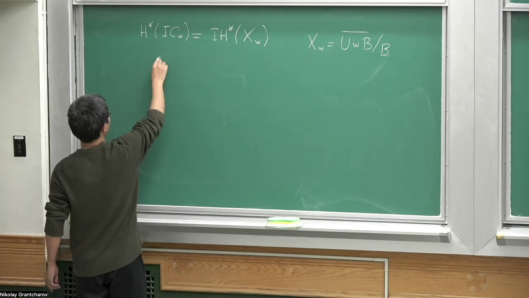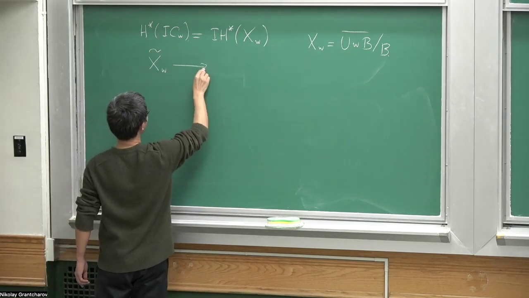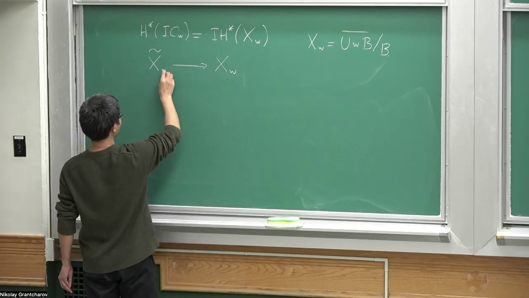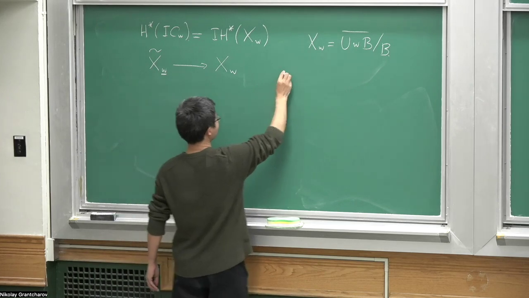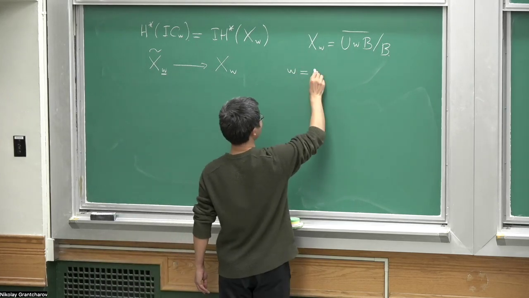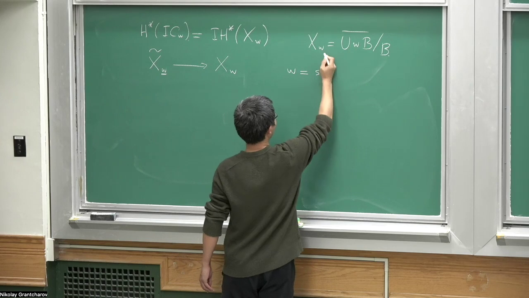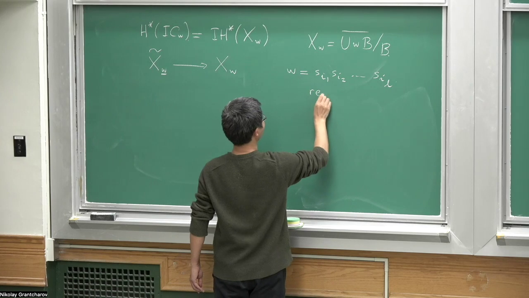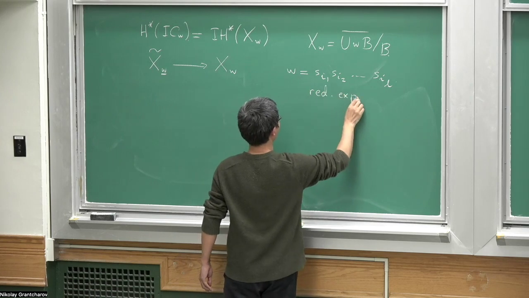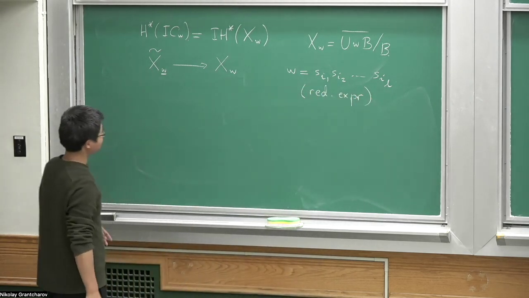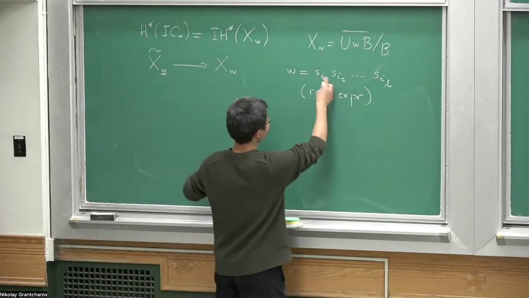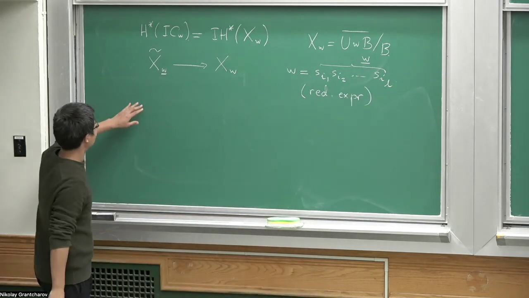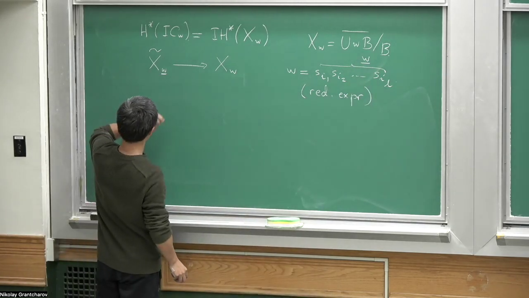We use a reduced expression of W, that gives this sequence of simple reflections, called W underline. That gives you a Bott-Samelson variety.